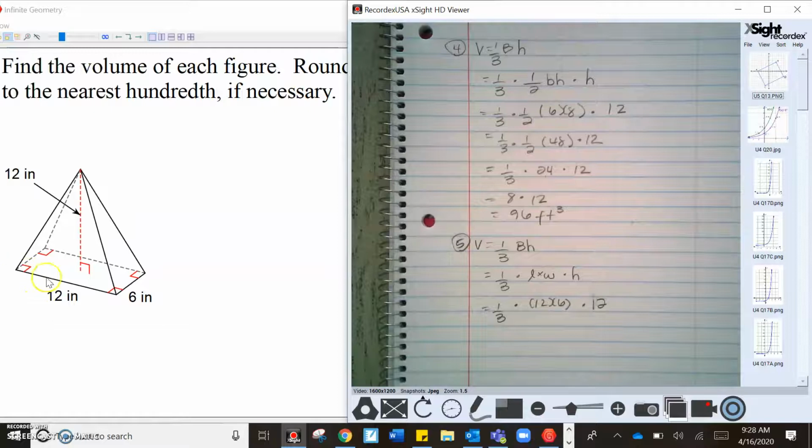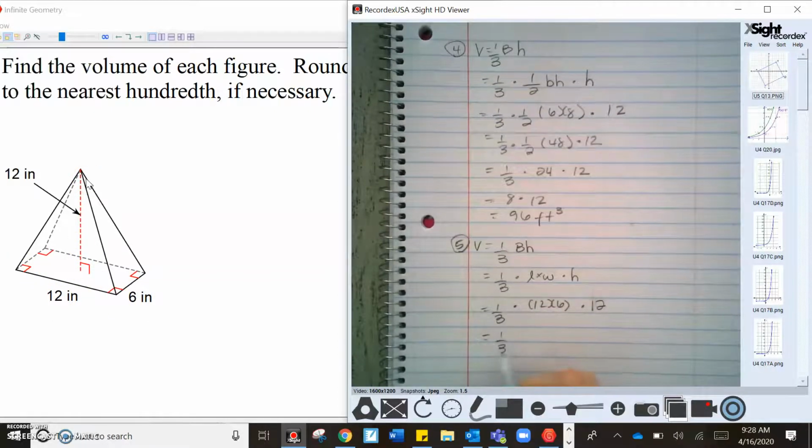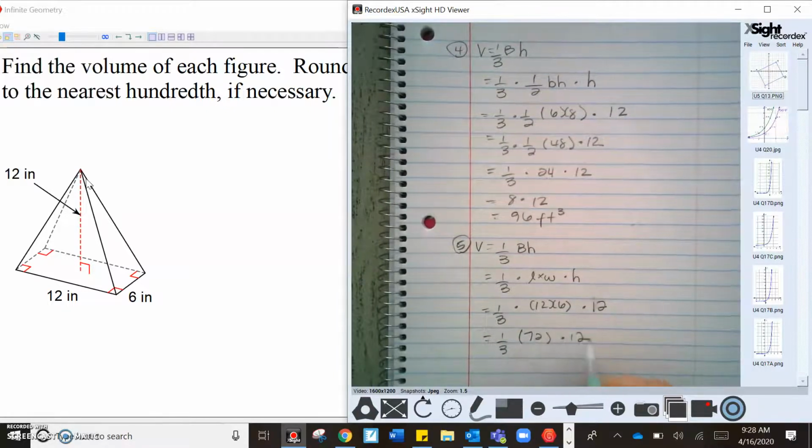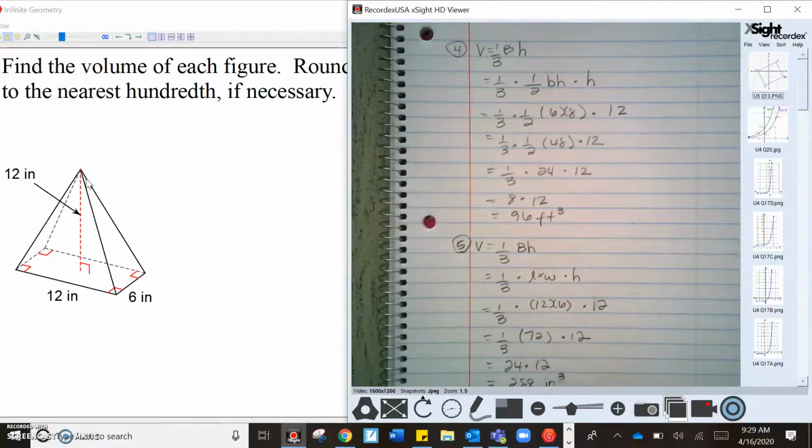So this is 1/3, 72 times 12. 12 times 6 is 72. If I divide that by 3, I get 24 times 12. And that's 288. And again, with volume, we have units cubed.